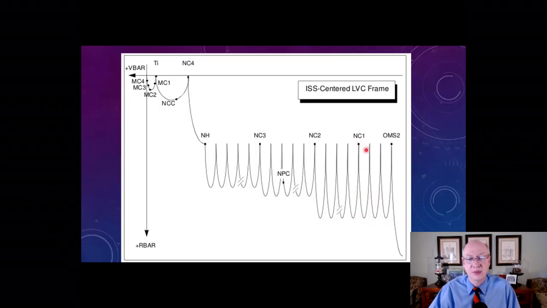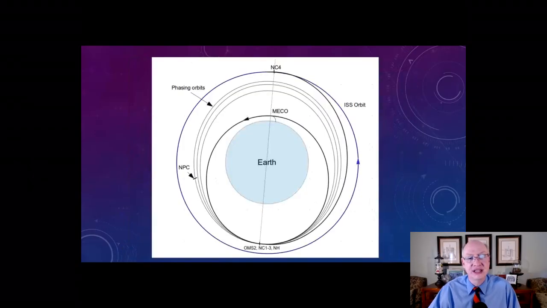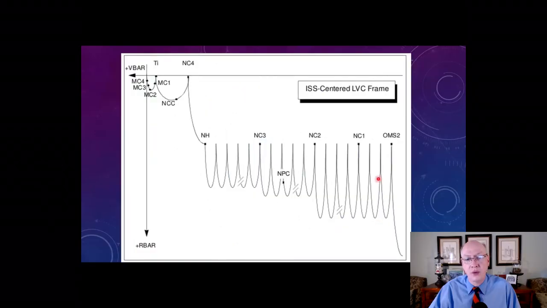So it's not really close, but it's getting closer to, and farther and closer and farther. What we're seeing here is the elliptical orbit. It's far from the orbit of the International Space Station. It's close to the orbit of the International Space Station. So as it's orbiting the Earth in that elliptical orbit, it gets close to the orbit of the space station, far away, close, far away, and then it does some thruster firings.